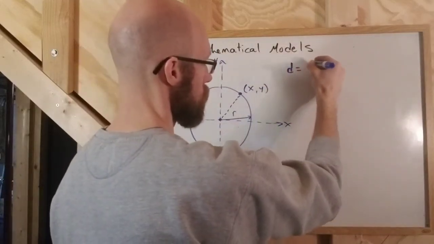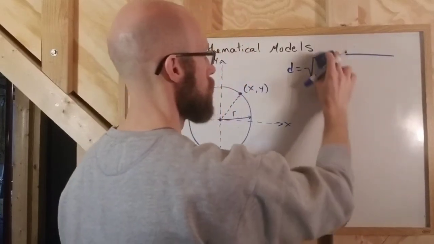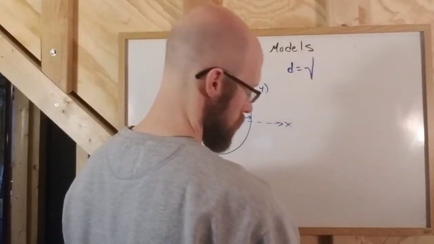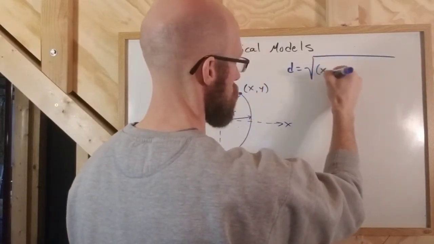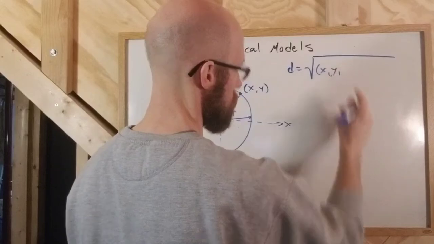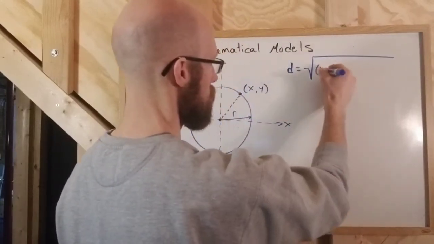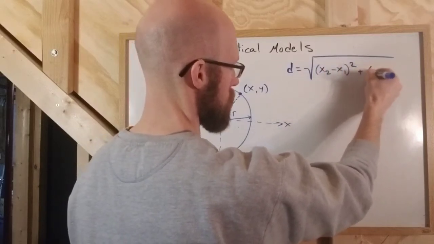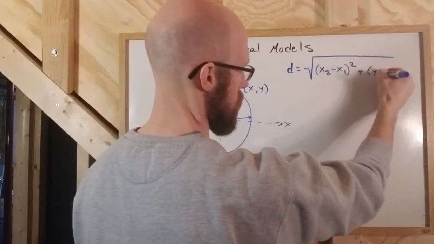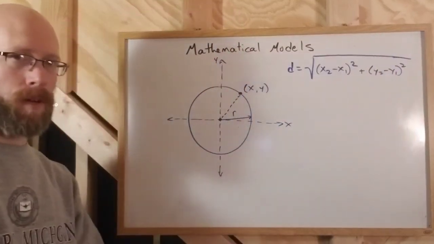The distance formula is d equals the square root of x2 minus x1 squared plus y2 minus y1 squared. So that's the distance formula.